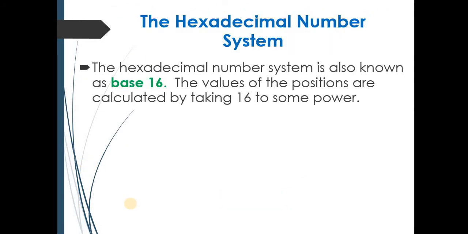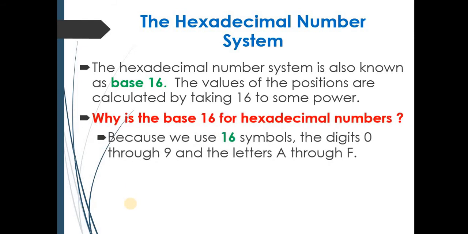The hexadecimal number system is also known as base 16. And why does it take base 16? Because it contains 16 digits. First we take digits from 0 to 9, and then we use letters A to F for representing the values 10, 11, 12, 13, 14 and 15. We use these letters A to F, like A, B, C, D, E and F.